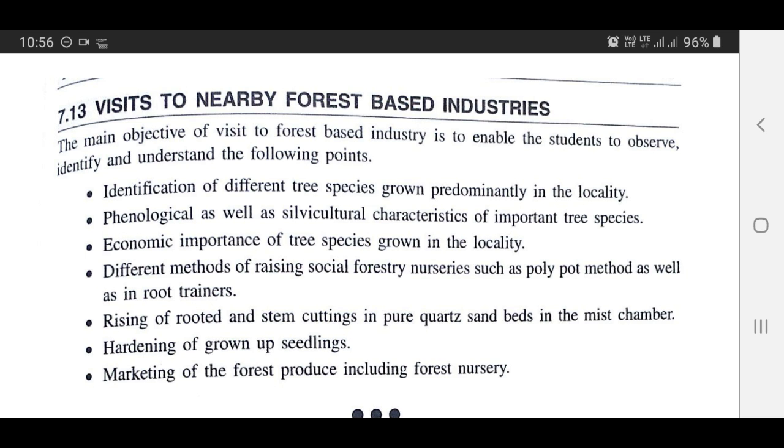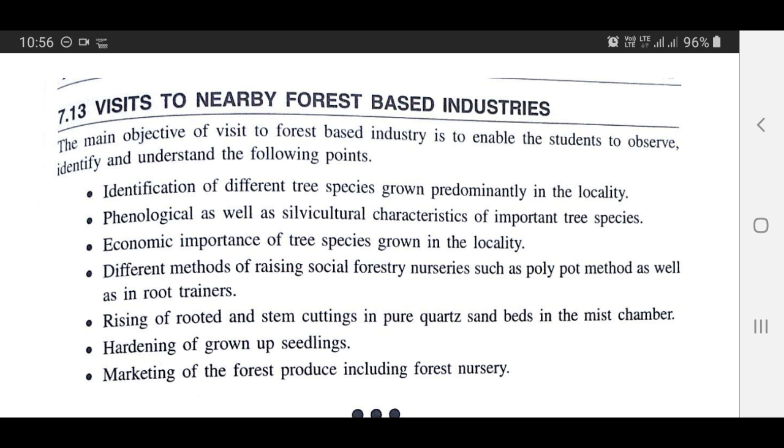And this again germinates and becomes seedlings when its root is also properly trained, so that as and when we remove these ready plants from the root trainers and use them for sale purposes or for planting purposes in the social forestry programs or in the forest areas, their establishment is very good because roots are already trained.